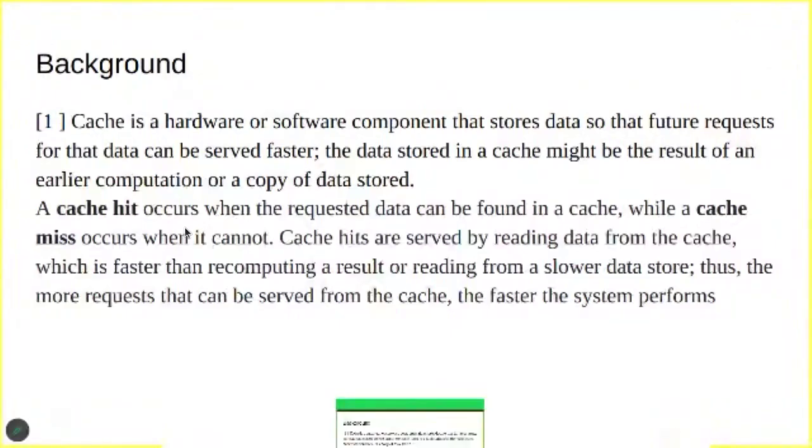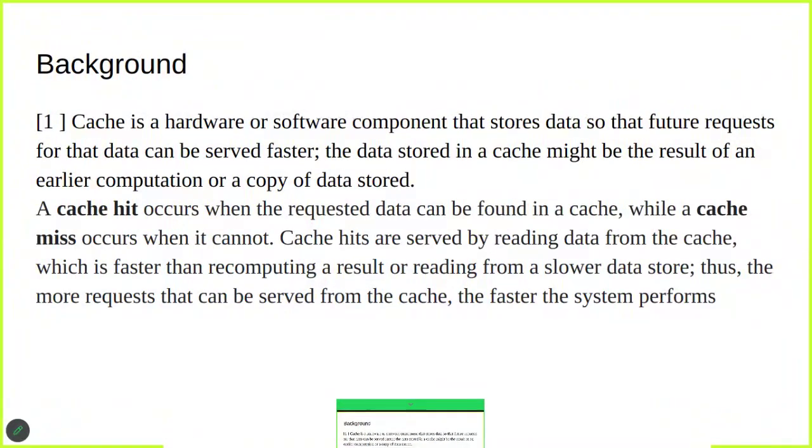Now, a cache hit is where we manage to get the data, but a cache miss is where we can't retrieve the data from the cache. It's significant because a cache miss is a downside for the CAG system, because it depends on the cache to retrieve data.